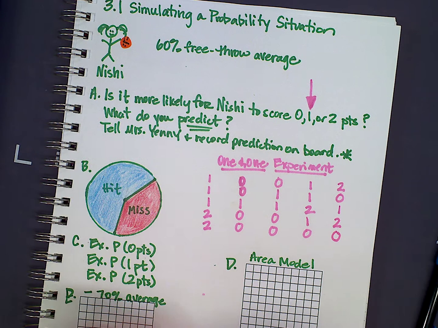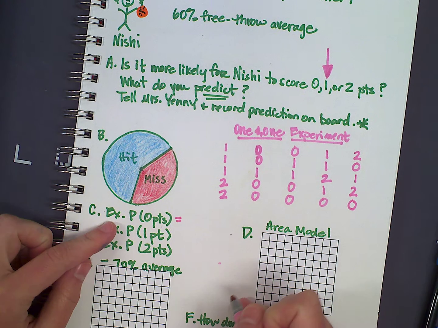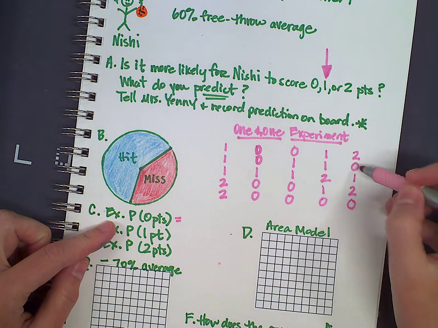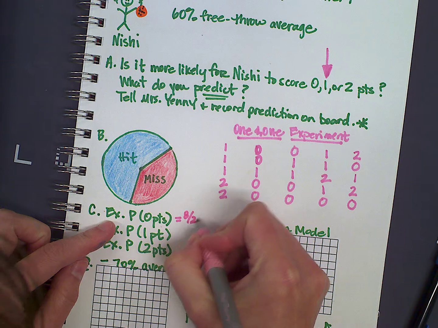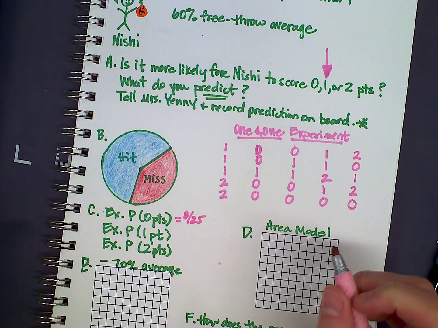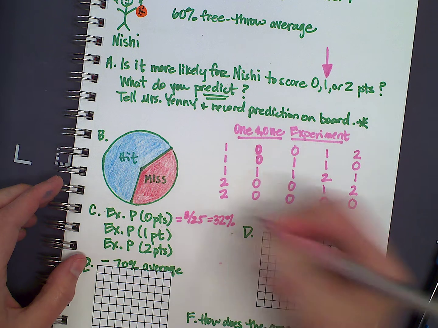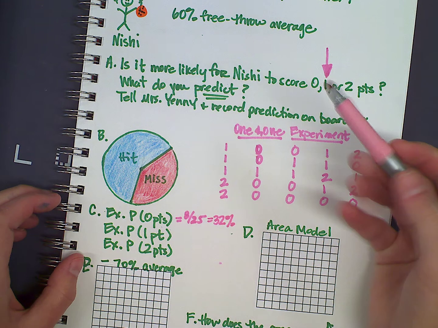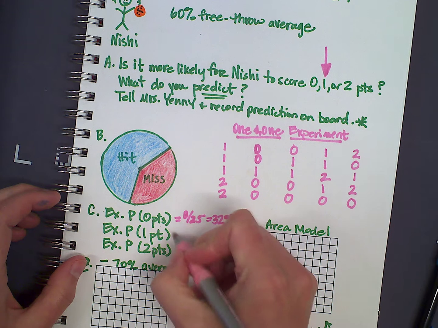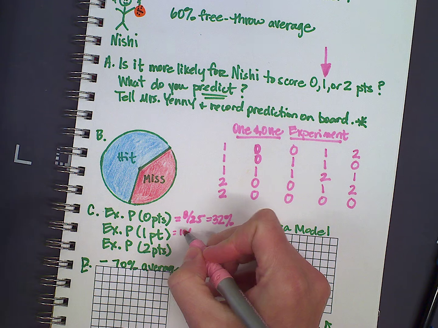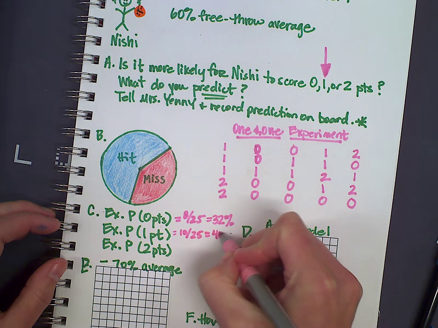Alright, so now I'm going to analyze my experimental probability. The experimental probability that I found for making 0 points, I'm just going to count all my zeros. 1, 2, 3, 4, 5, 6, 7, 8. That's 8 out of 25, and 8 out of 25 is about 32%. Probability of scoring 1 point, I had 1, 2, 3, 4, 5, 6, 7, 8, 9, 10 out of 25, and that's about 40%.